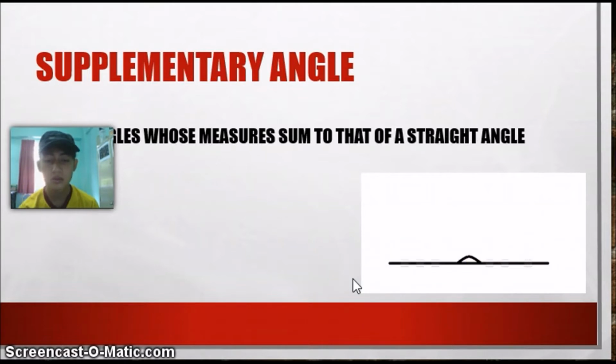As we know, a straight line is 180 degrees. So if there is a supplementary angle, keep in mind that a straight line is 180 degrees, so supplementary angle is 180 degrees.